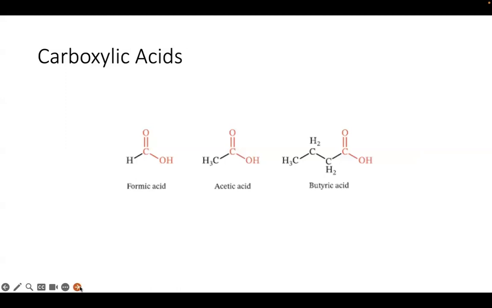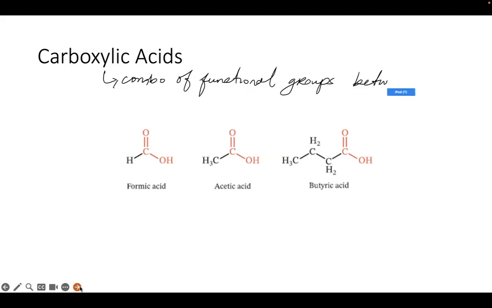So just a reminder of what carboxylic acids look like. It's actually this interesting combo of functional groups. It's a combo between an aldehyde and an alcohol.